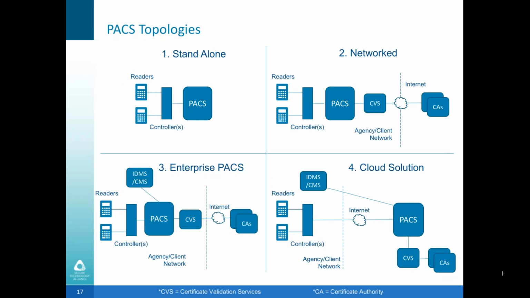So we have here on this slide some variance samples for PACS topologies based on the infrastructure characteristics that we talked about in the previous slide. And number one here, we have the standalone configuration, where it's an isolated PACS with no outside connectivity. This has been the traditional configuration for PACS all these years before the option to connect to an organization's network and the internet.